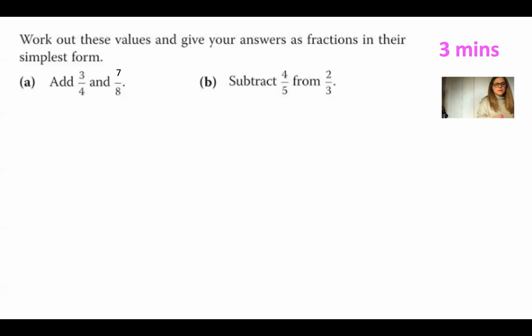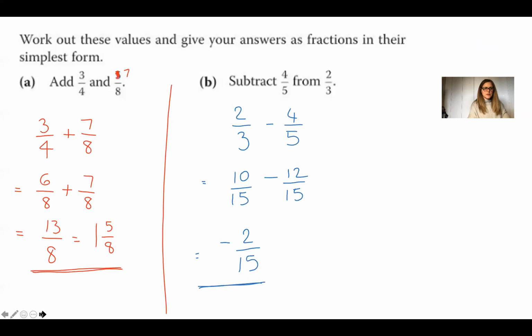Okay, time's up. First one, fairly straightforward. Okay, we're adding 3/4 and 7/8. We make the denominator 8 and we end up with 13/8 or 1 5/8. However, part B, we've got to be really careful.